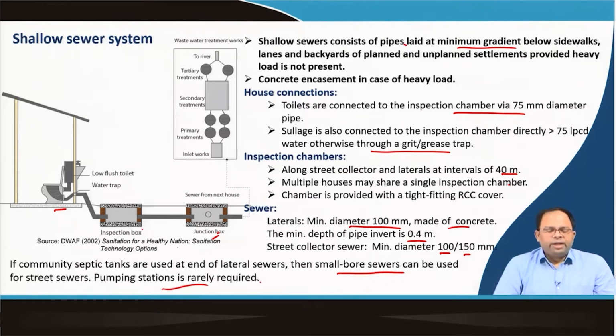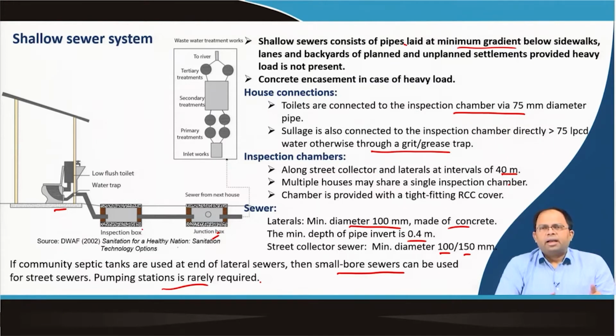So, you see that in the last system, small bore sewers, the septic tank was near the house, and then we were conveying the effluent out, and then connecting it to an existing sewerage network, or we could even take it for further treatment. In this shallow sewer system, we are not having a septic tank inside the community.